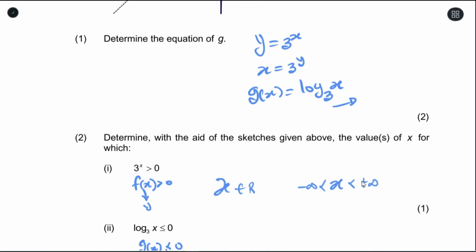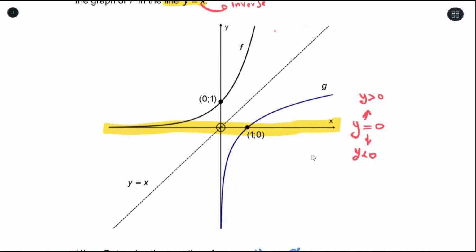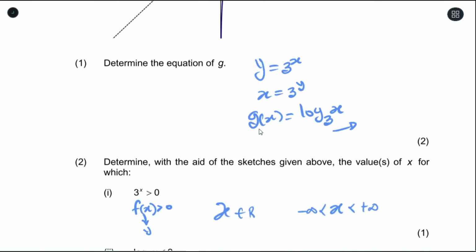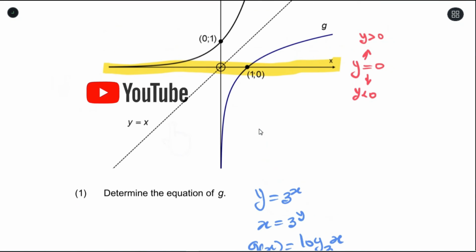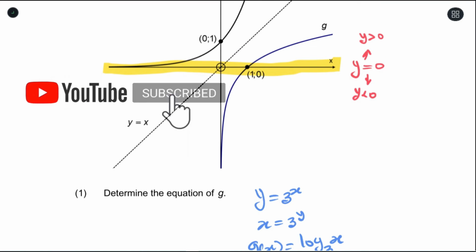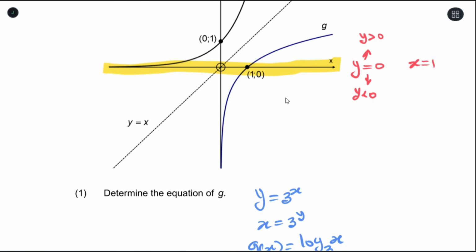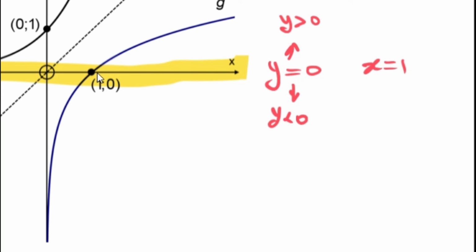For the second one, which is g, we understand that y equals 0 where x is 1 in this part here. Anything below it, because we want less than or equal to 0. So the first part of our answer is definitely x equals 1. The second part is all the x values below this line.